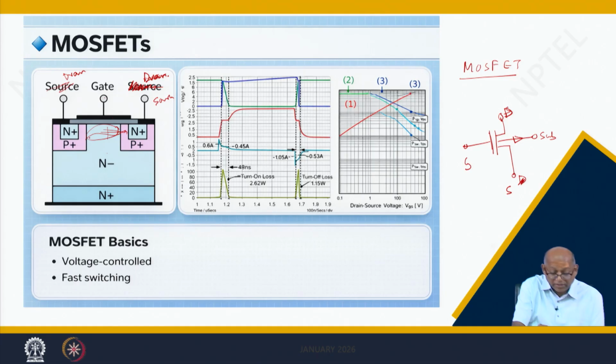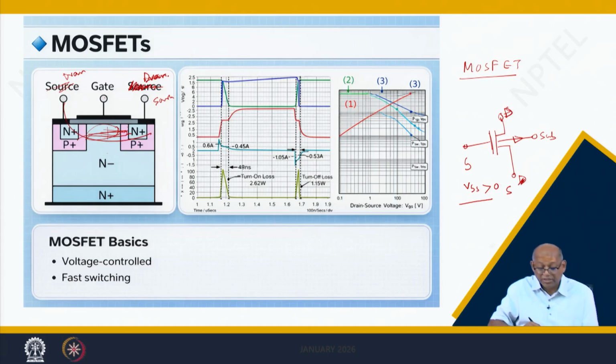So, what will happen? This electron will take a path here, because the electrons are more. So, this will become a continuous path. The electrons will come here and finally it conducts. So, applying a positive voltage VGS more than a threshold, this conducts. Once this conducts, this is shorted.